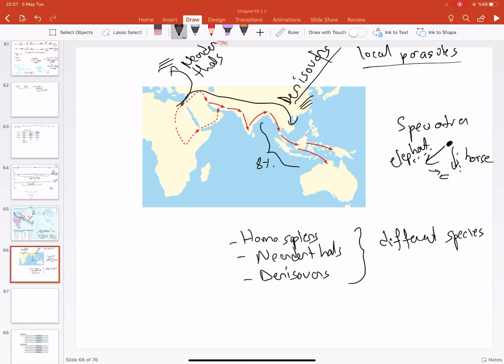It induces natural selection. And because Homo sapiens mated with these people, they have taken the alleles which gave them immunity, or, for example, resistance to the cold climate in Europe, or the light skin, which will allow them to have enough vitamin D.